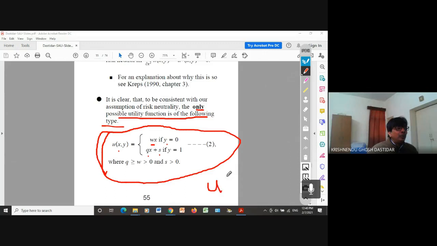So therefore, u(0,1) would be just s. So this is what you would get by consuming only y and no x. Now, where q is greater than or equal to w, strictly greater than 0, and s is strictly greater than 0.